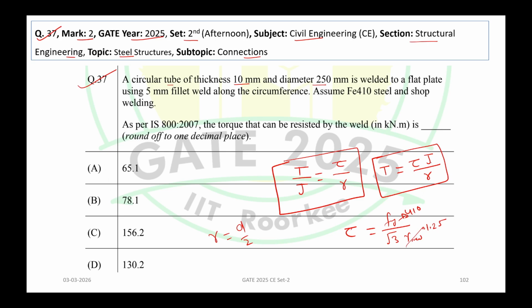Now we need to calculate the J value. J is the polar moment of inertia, which is A R square, for the whole body. What is A?